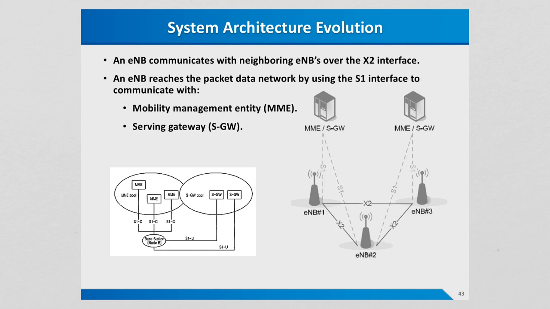And then in addition to the base stations communicating with each other, they need to be able to get their data out to the outside world, to the internet. And that's done by communicating over a so-called S1 interface out to a gateway, or a serving gateway. Here's a serving gateway.